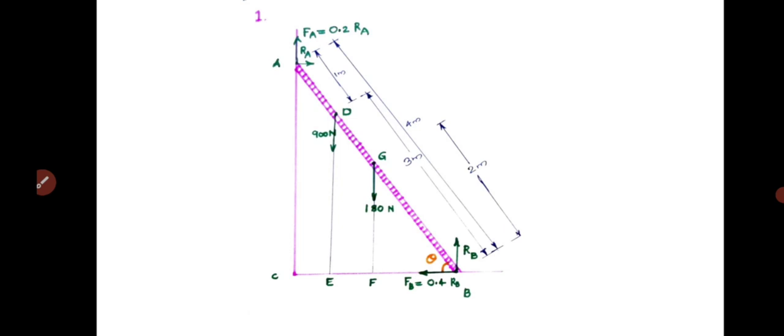So FA equals mu into RA, where RA is the reaction at A, acting normal to the vertical wall. Mu, the coefficient of friction between the wall and the ladder, is 0.2. So FA equals 0.2 into RA.